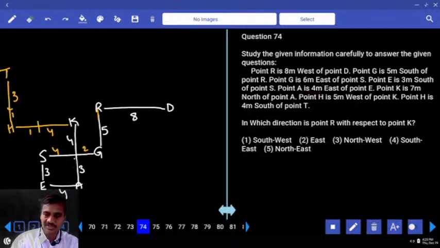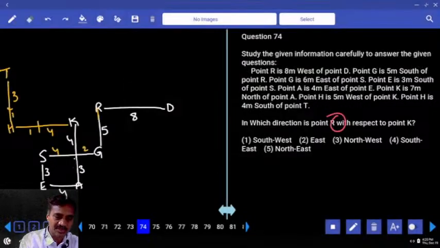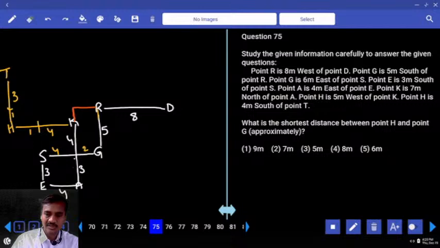Then, in which direction is R with respect to K? Now we need to find the direction of R from K. To reach R from K, first we need to move towards north, then towards east, so north and east, northeast, choice 5.